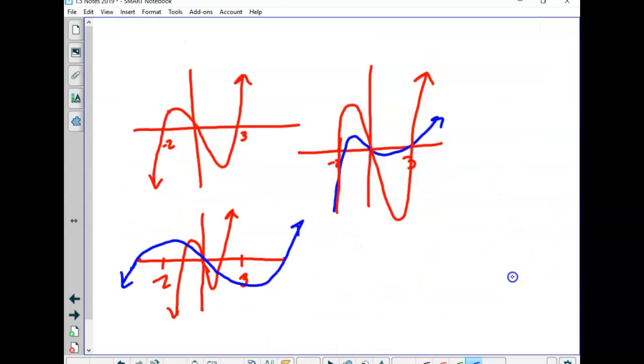All right, so help me. If this is the parent function, let me go over this one real quick. So this is the parent. I'll call him P of X. Can anybody tell me what this red one would be? Vertical or horizontal, stretch or shrink?